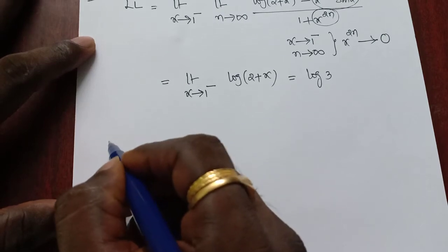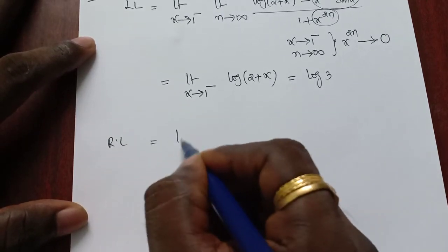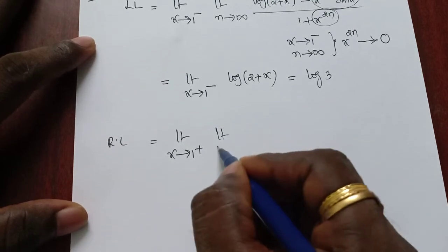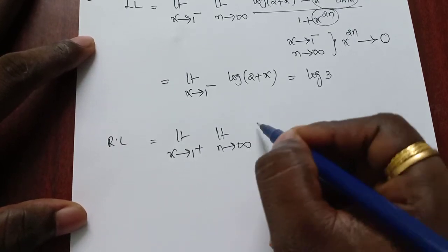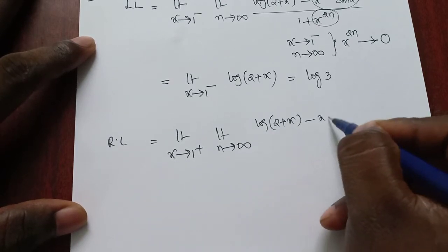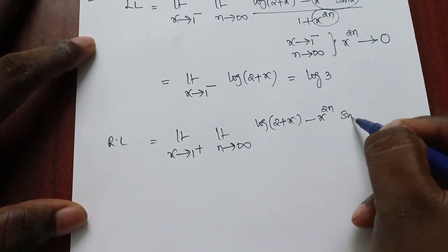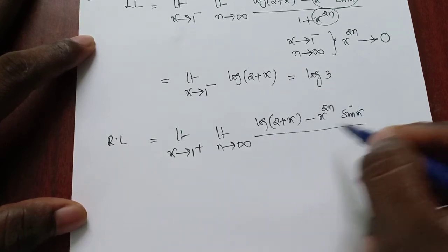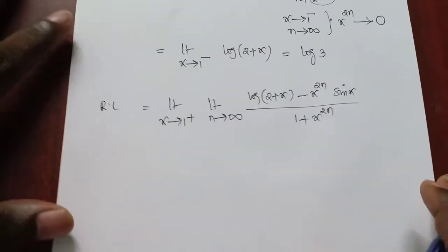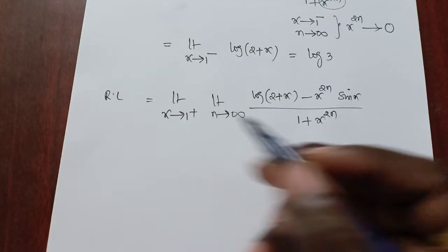Now coming to the right hand limit, limit x tends to 1 plus and limit n tends to infinity of log of 2 plus x minus x power 2n times sin x divided by 1 plus x power 2n. Now see, here also we have two conditions.